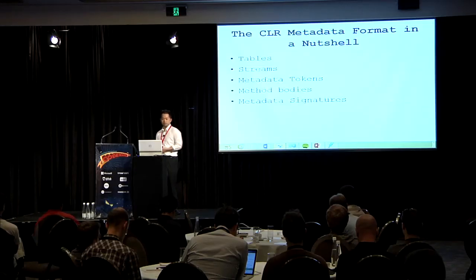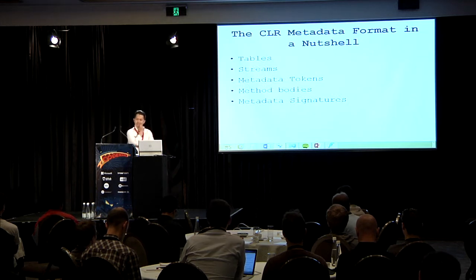But as I mentioned very briefly, the CLR metadata is all about these 5 things. I talked about the tables. There's also streams, metadata tokens, the bodies, and something called metadata signatures.